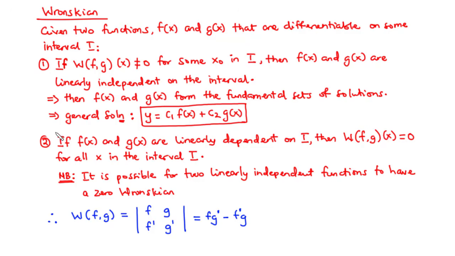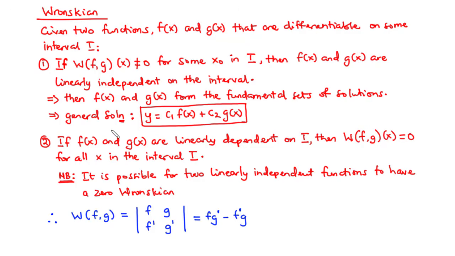Secondly, in the second case, if f of x and g of x are linearly dependent on the interval, then the Wronskian is equal to 0 for all x in the interval I. Notice that we did not say that if the Wronskian is equal to 0, it means that f of x and g of x are linearly dependent.